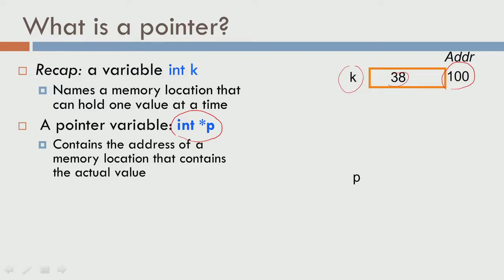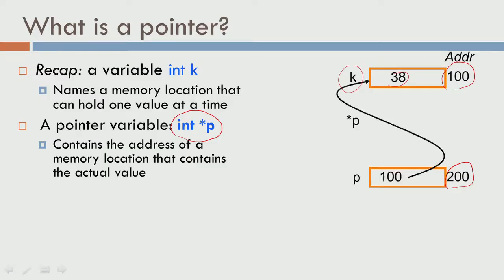p is a variable as we had before, which means your compiler is going to allocate some location for it. Let us say p is allocated location 200, and when you say int star p, it means it is a pointer. If I put p equals 100, the value 100 gets into this location 200.